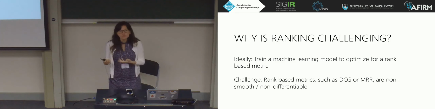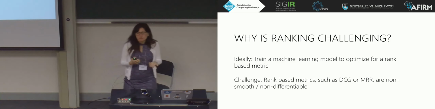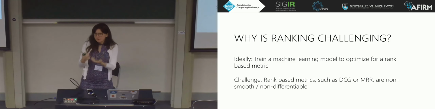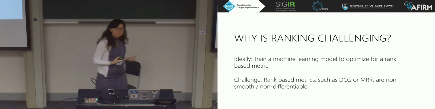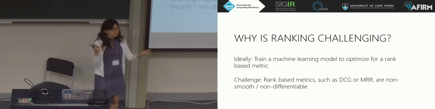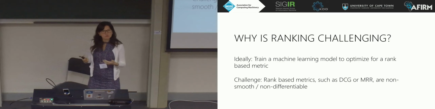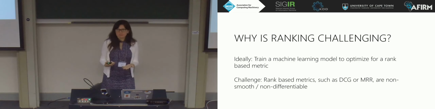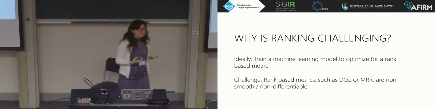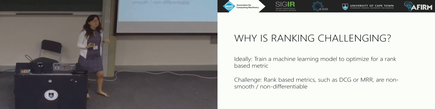So if your goal is to produce a really good quality ranking, you would like to build a model that can optimize for the quality of the entire ranking. But one challenge is that these metrics, like NDCG and average precision, which evaluate the quality of a ranking, are not smooth or non-differentiable.